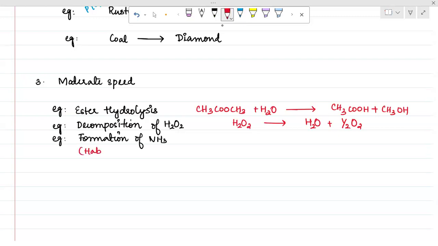It's called the Haber's process, where nitrogen combines with hydrogen to form NH3. So let's balance this. NH3. So these are some typical examples of reactions that proceed with a moderate speed, and we can apply the principles of chemical kinetics over here only.